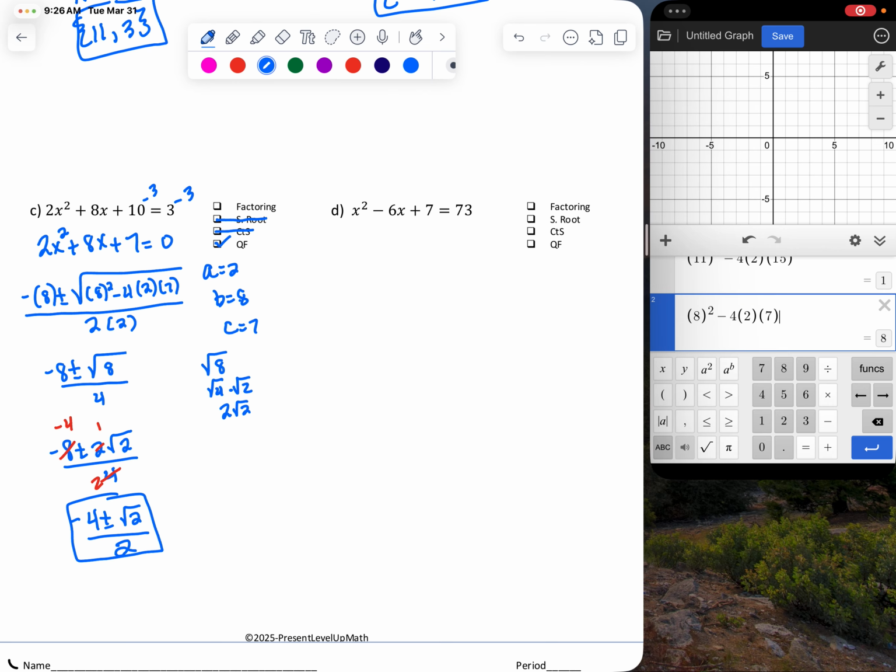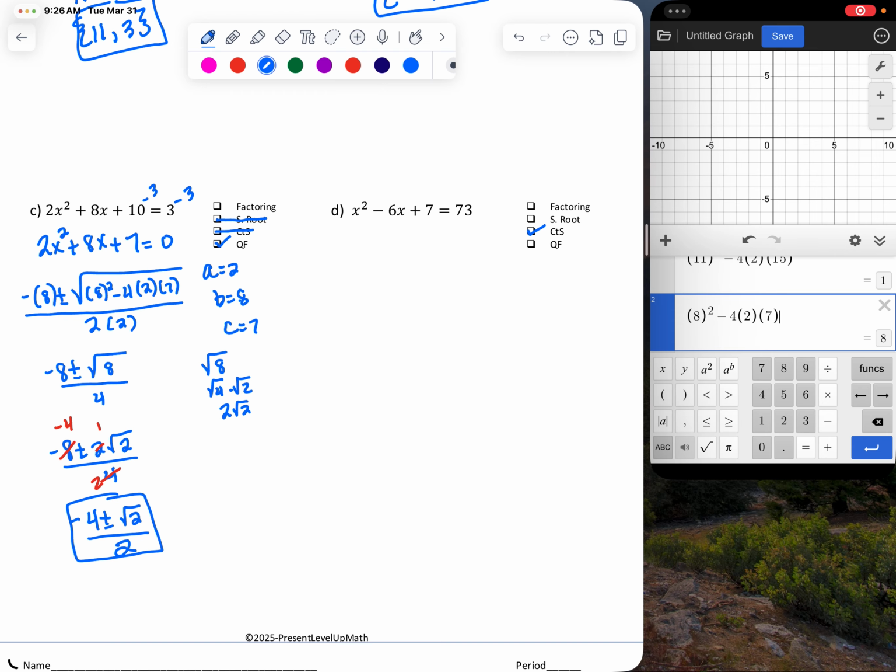All right, D, we have x squared minus 6x plus 7 equals 73. Now, our first term is 1. Our middle term is even. So this is a really good candidate for completing the square.